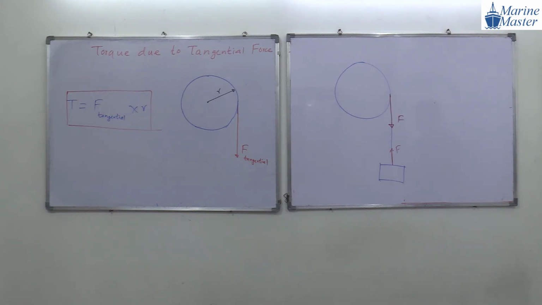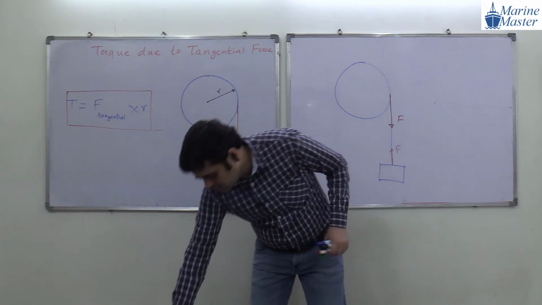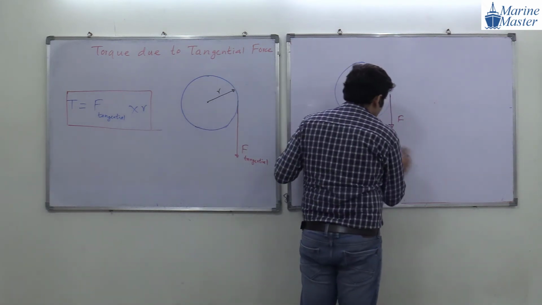Here both the F are tangential. The tension in the cord acts like a tangential force here. Everyone completed? Okay, good. Very simple discussion, guys.